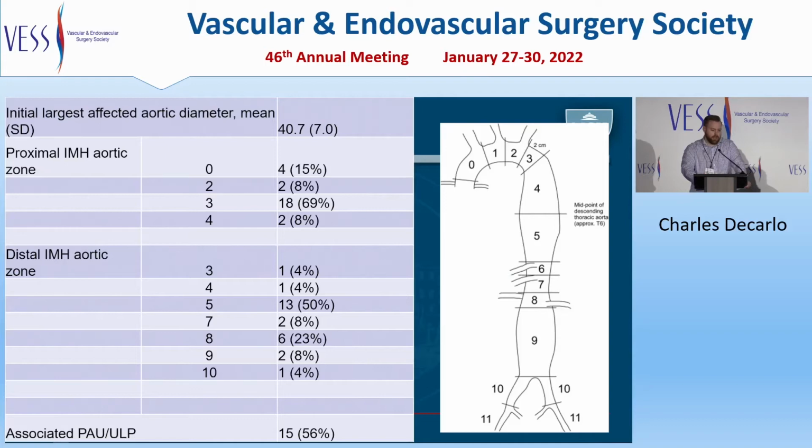The mean initial largest diameter of the IMH-affected aorta was 41 millimeters. The most common proximal extent was aortic zone 3, and the most common distal extent was aortic zone 5. There were 4 type A IMHs included in the study, and 56% of patients had an associated PAU or ulcer-like projection.